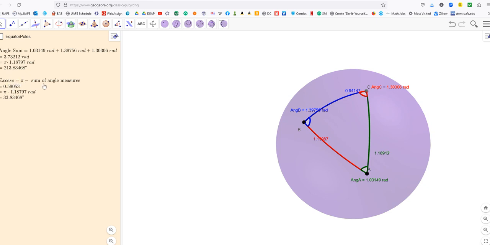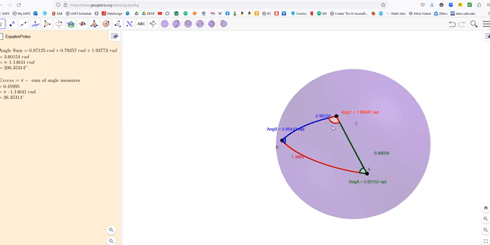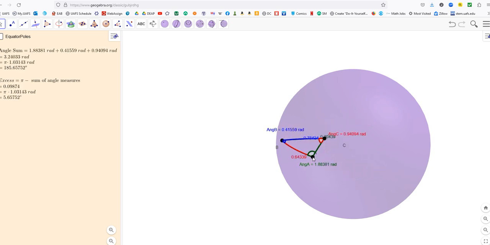The excess is that minus pi, which is about 0.59053 over pi, or about 33.8 degrees over 180 degrees. So in spherical geometry, the angle measures add up to more than pi. If we make a smaller triangle, it gets closer to pi, 3.1679, but it's still over by some amount, and the amount it's over is called the excess.